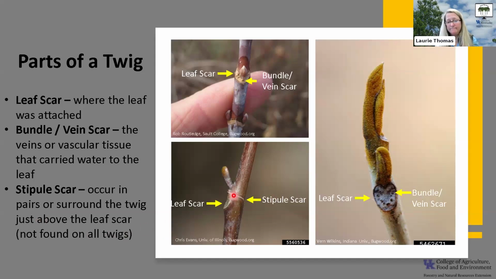Not all species have stipule scars. Stipules are like modified bracts at the base of the leaf petiole, and they fall off when the leaf falls off, leaving a stipule scar. Again, it can be a good identifying characteristic, but it's not necessarily found on all species.